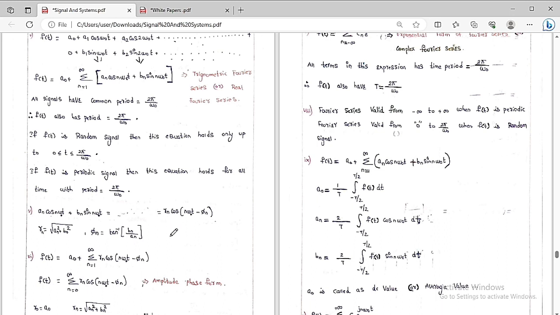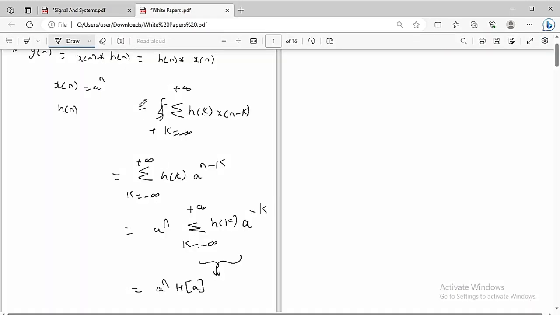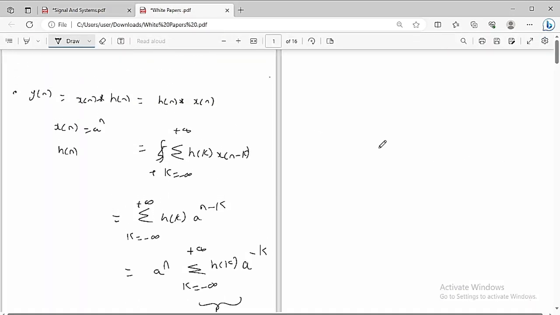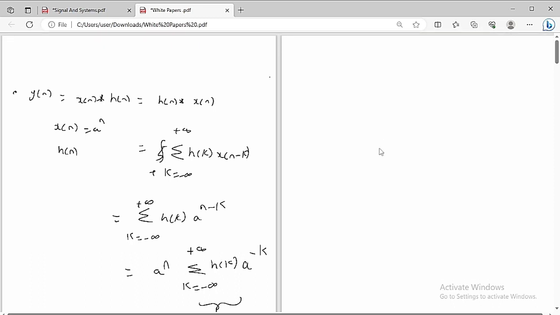So what are we going to get? Very simple. Let me write here again so that we can easily understand what I am trying to tell you. Here we can see clearly that it is Rn into cos phi n into cos n omega naught t plus sin phi n into sin n omega naught t.